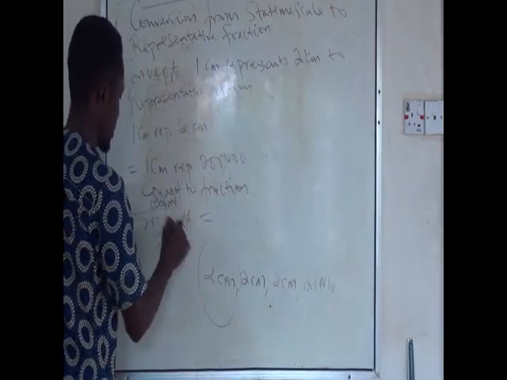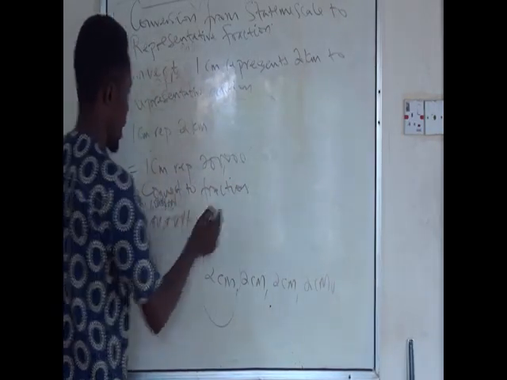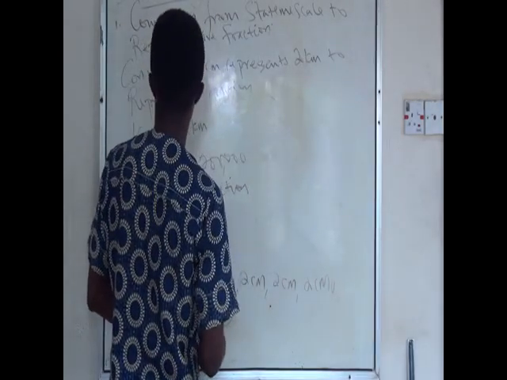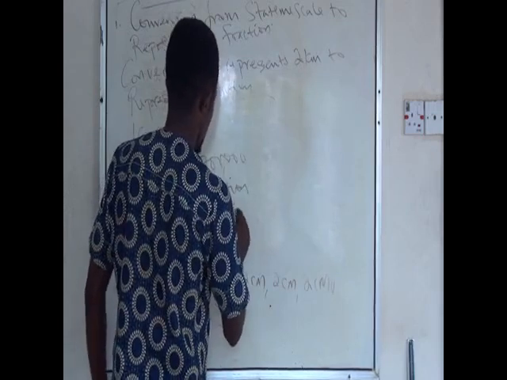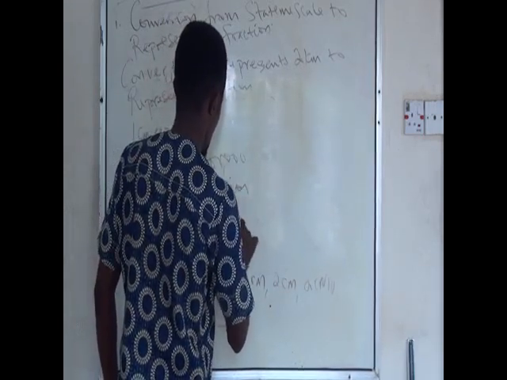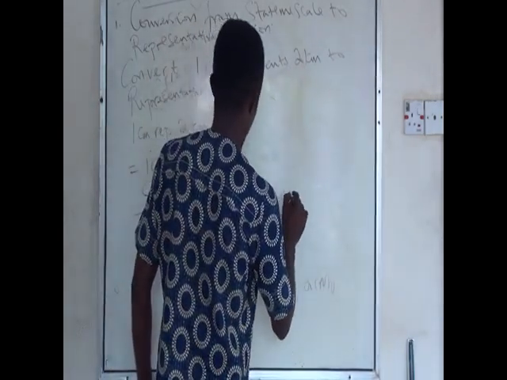The units cancel out, and at the end of the day we have 1 cm, 1 ratio 200,000.